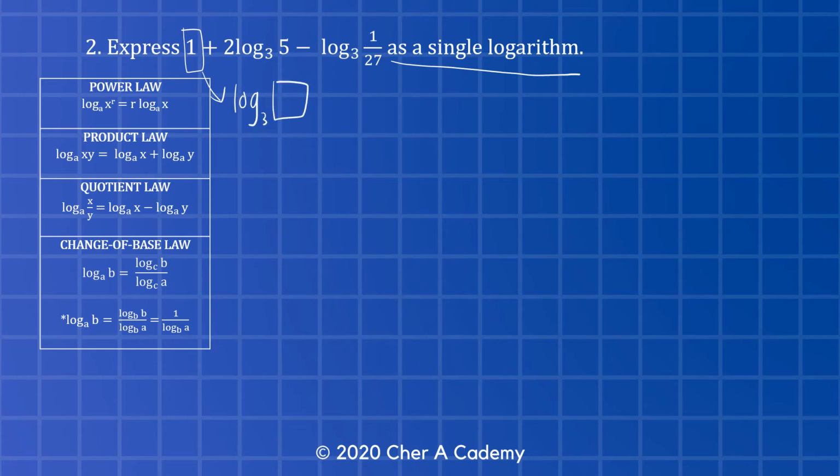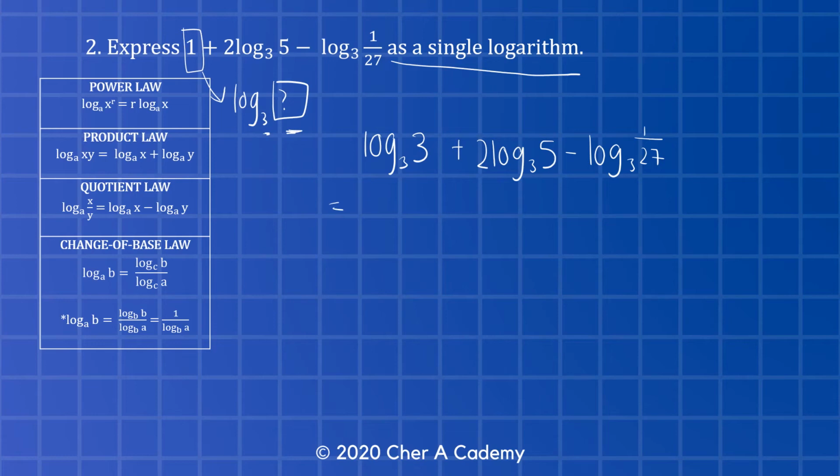So what is this number? To make this one whole, this number here and this number here has to be the same. So I'll have log base 3 3 plus 2 log base 3 5 minus log base 3 1 over 27.